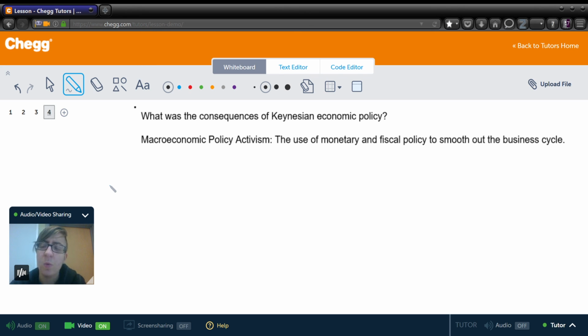It just wasn't legitimized until Keynes came and wrote the General Theory, mostly due to how the classical view saw things. So if your professor asks you what the consequences of Keynesian economic policy are, that is what you would say. Macroeconomic policy activism was legitimized, and it is the use of monetary and fiscal policy to smooth out the business cycle.